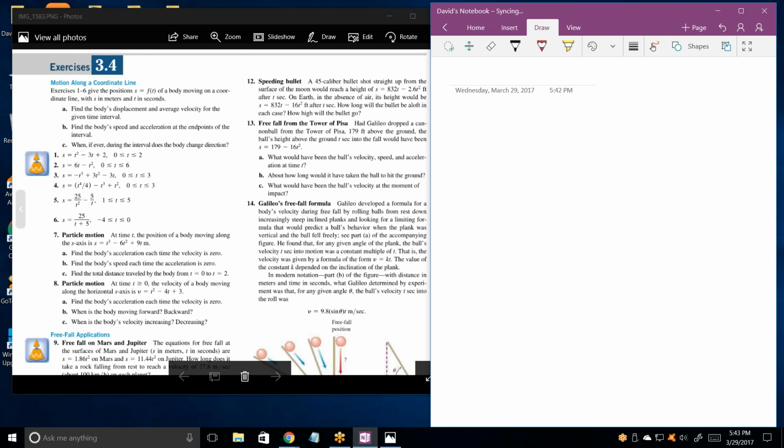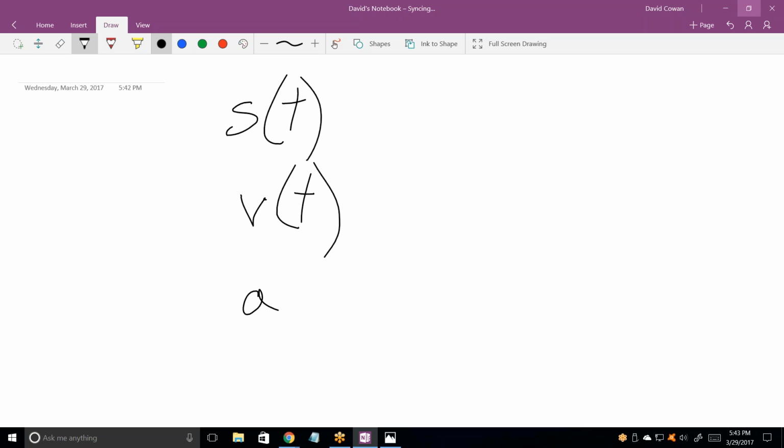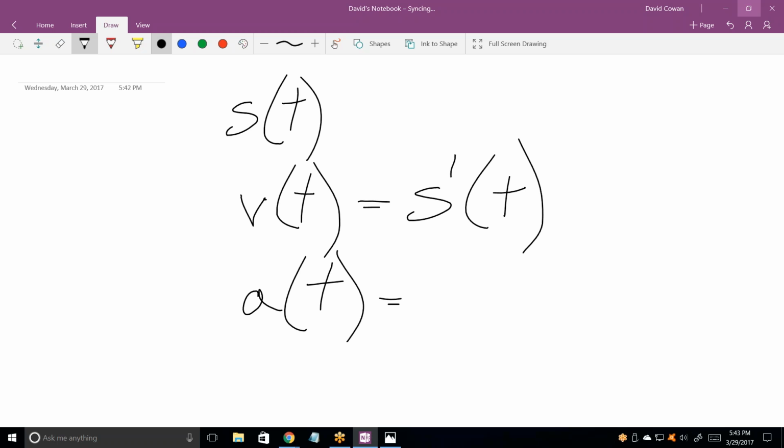A really big principle in calculus is position as a function of time, velocity as a function of time, and acceleration as a function of time. Turns out that velocity is the first derivative of position. And acceleration is the first derivative of velocity, which makes it the second derivative of position.